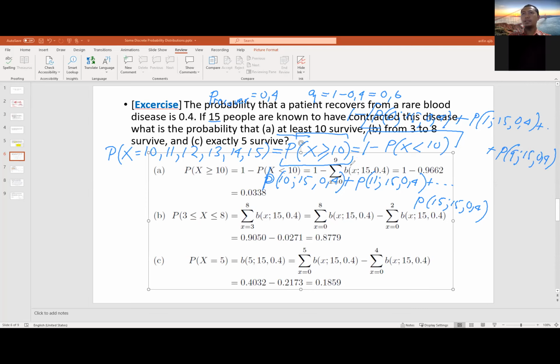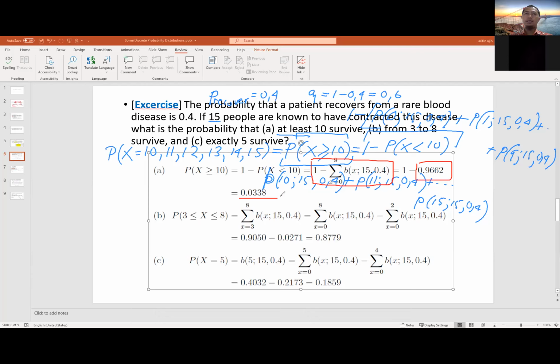So mathematically we can write it like this. Please notice this one. The result of this part is 0.9 something, and 1 minus 0.9 is equal to 0.0338. Okay, I hope it is clear.